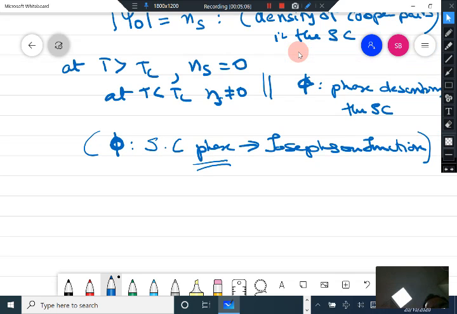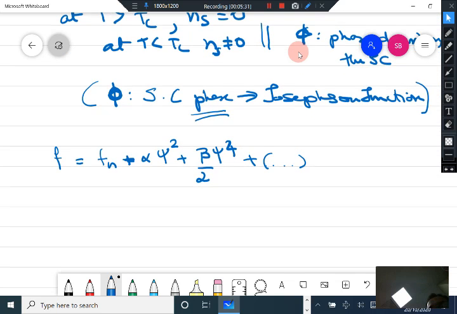Now the free energy of the superconductor, of course, is expanded. The free energy density of the superconductor is written in terms of alpha psi squared plus beta psi raised to 4, but there is an additional term. What is this additional term which is present inside the superconductor?